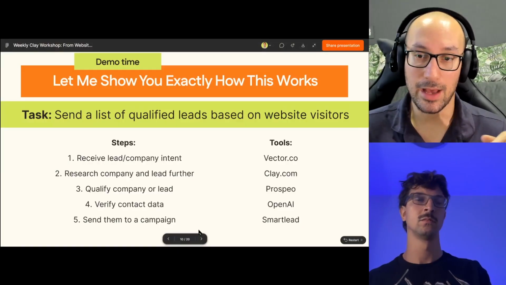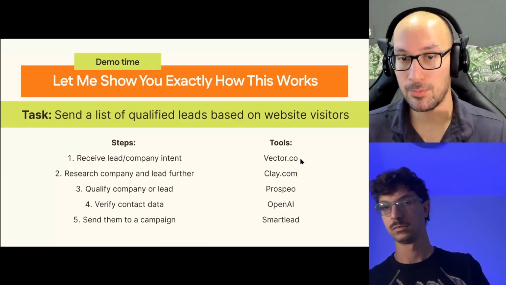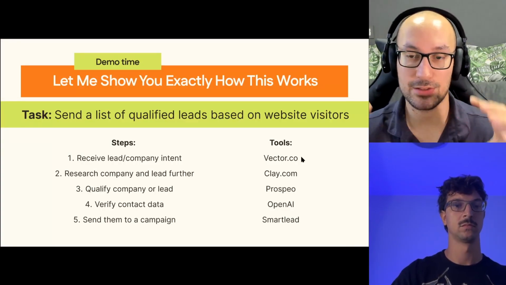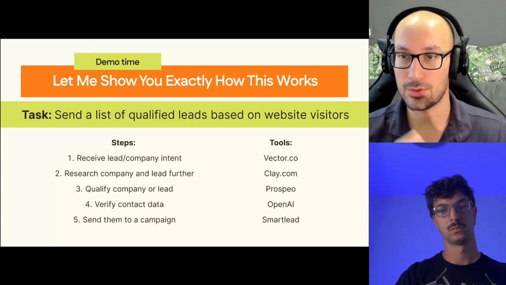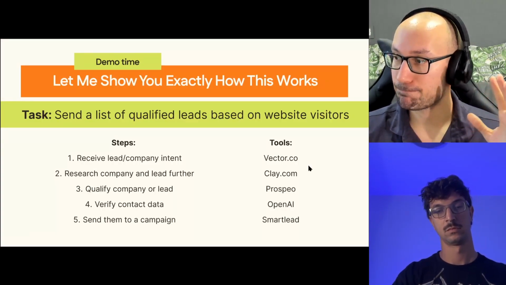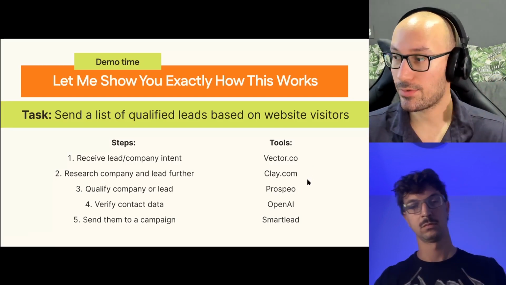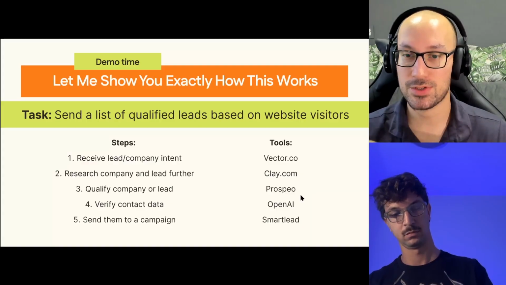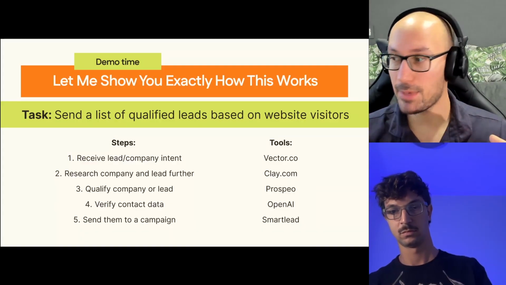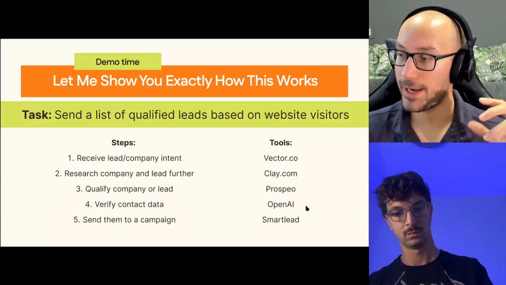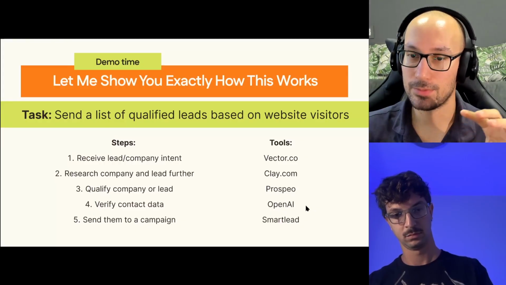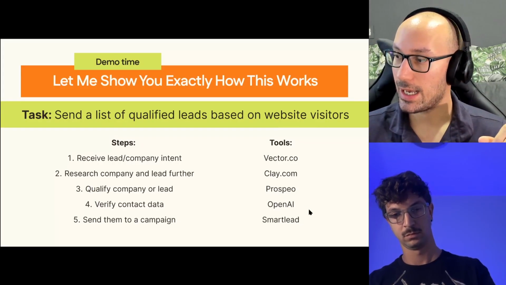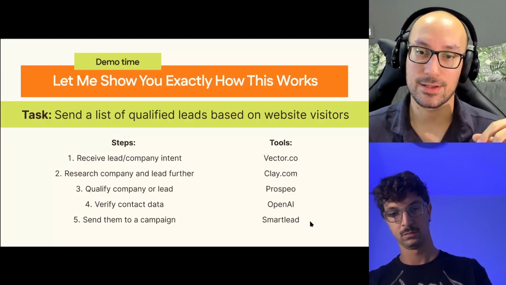And in order to do that, we're going to use Vector, which is a solution that will de-anonymize the website visitors for US visitors to your company. As well, we're going to use Clay Prospeo to enrich the LinkedIn profile of those visitors, as well to grab their emails. We're going to use OpenAI to be able to qualify some interactions, and also smartly to sequence messages.